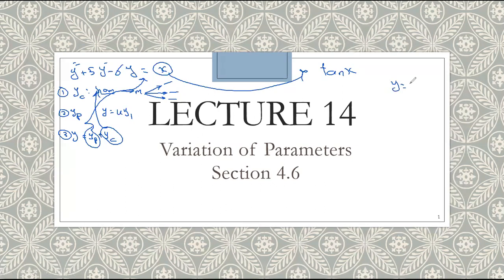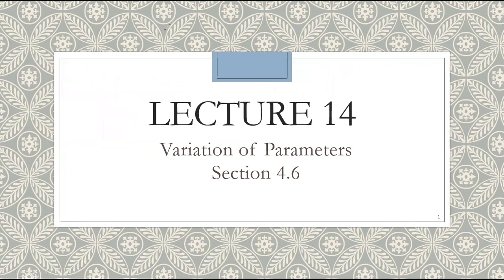The first one, y equals u times y1, such that y1 is the solution for the homogeneous equation, and y the general solution for the non-homogeneous, and u is a new unknown function which will help me to solve the differential equation. And the second substitution, if you remember, you need to use u'' equals w' to reduce the order of your differential equation. Okay, those ideas we studied in the previous lecture.